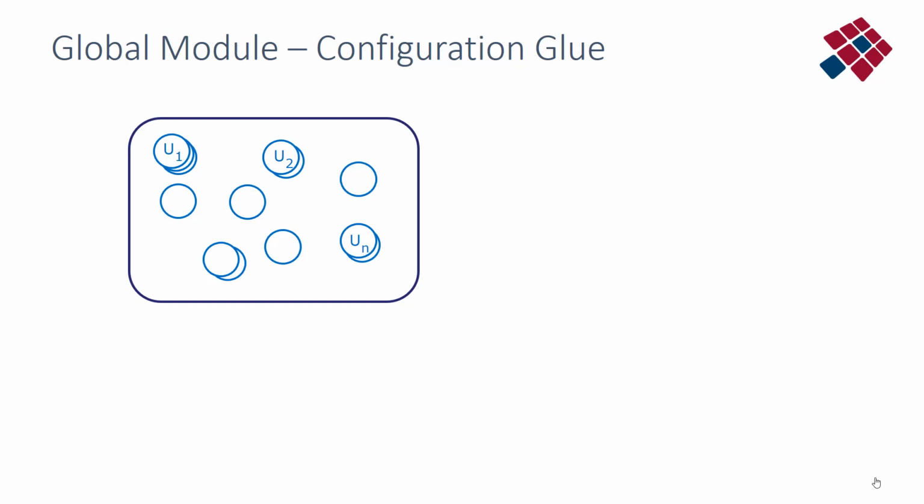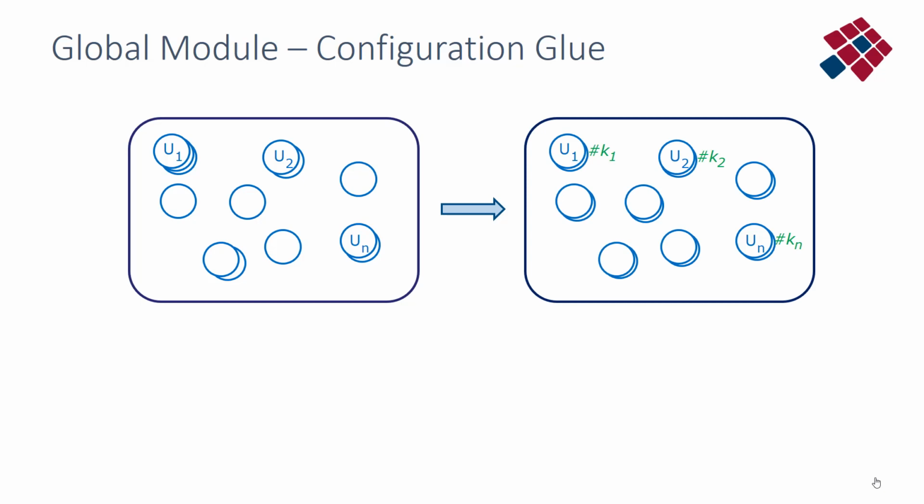Now we can have, of course, one global module, one global production, manufacturing, program unit. And then we would have multiple variants of every one of these units of work, represented here as, for instance, Unit 1 has K1 variants, Unit 2 K2 variants, etc., until Unit N has Kn variants.